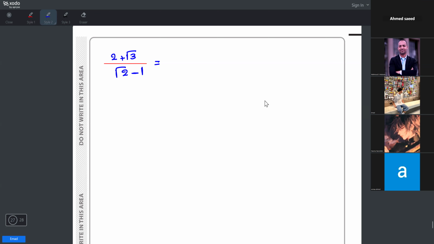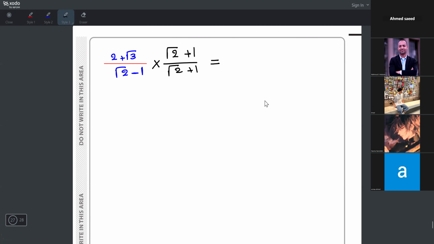Ahmed, give me your work step by step. What is the first step? The first step is that I multiplied the whole thing by root 2 plus 1. Excellent, Ahmed. We multiply by the conjugate of the denominator, root 2 plus 1 over root 2 plus 1.